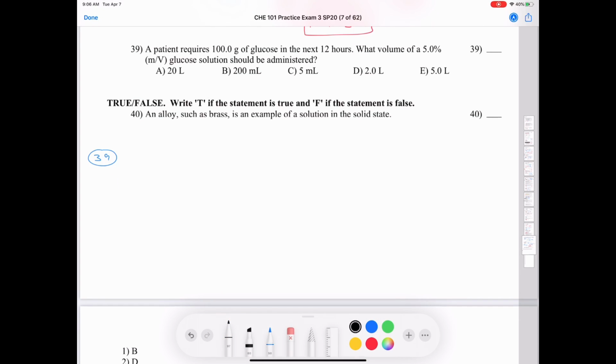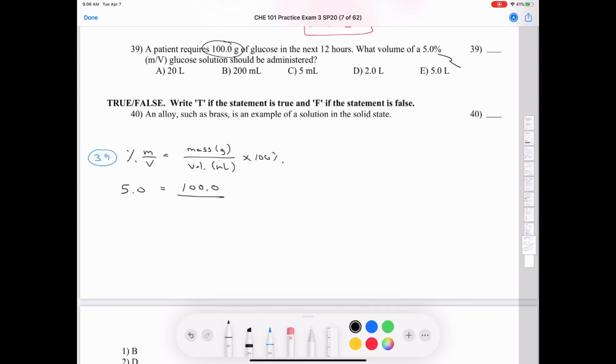So the first thing you need is the formula for percent mass over volume, which is equal to the mass of solute in grams divided by the volume of the solution in milliliters, and then I multiply by 100%. I'm given the percent mass over volume, which is 5.0. I'm given the mass, which is 100 grams.